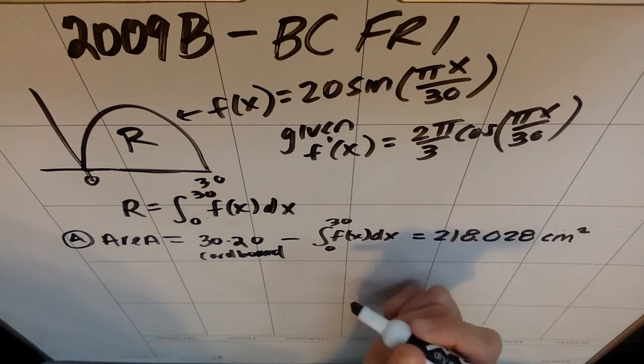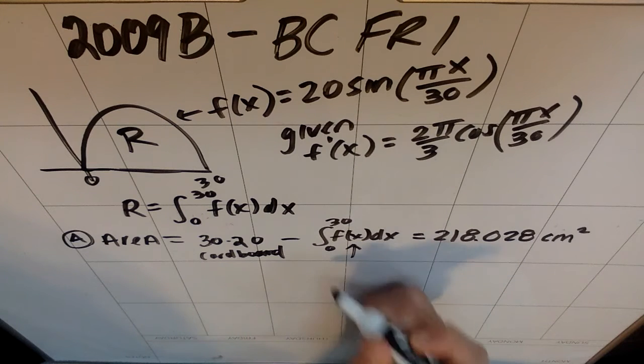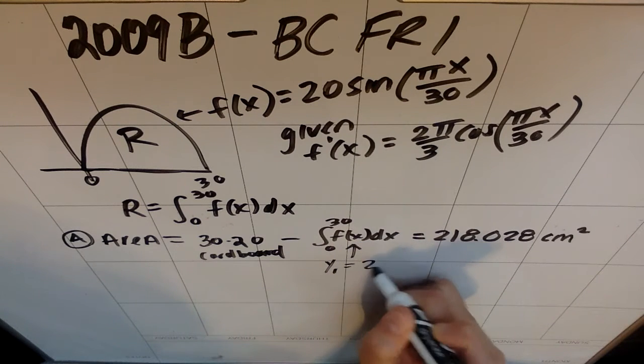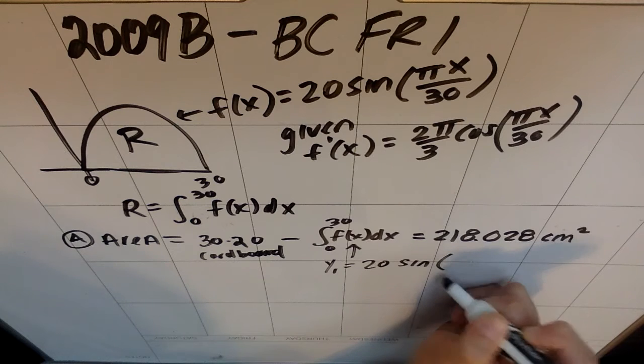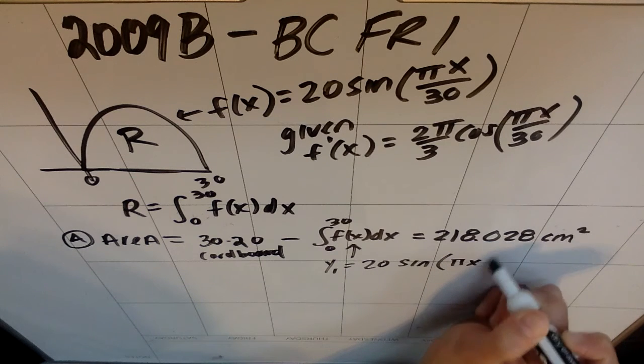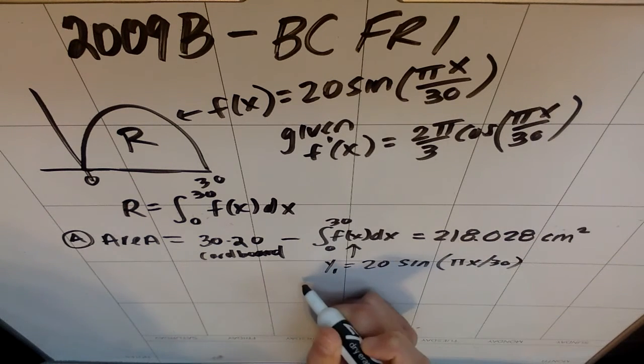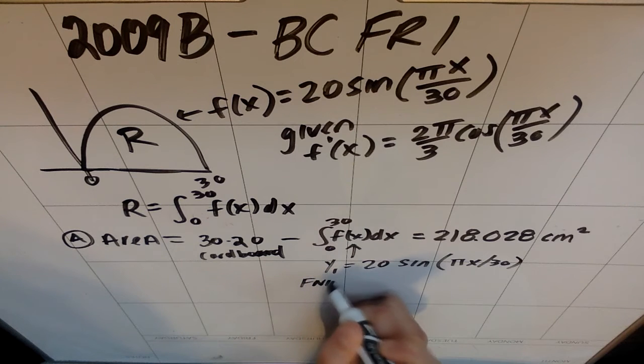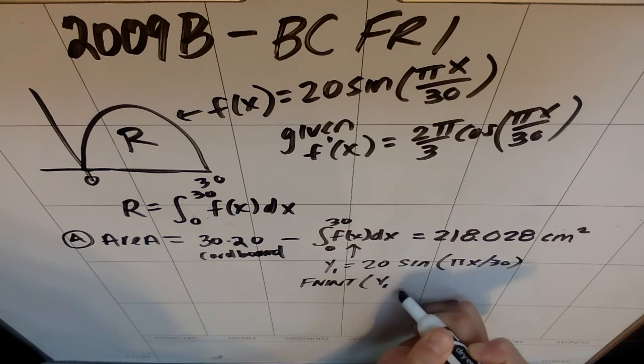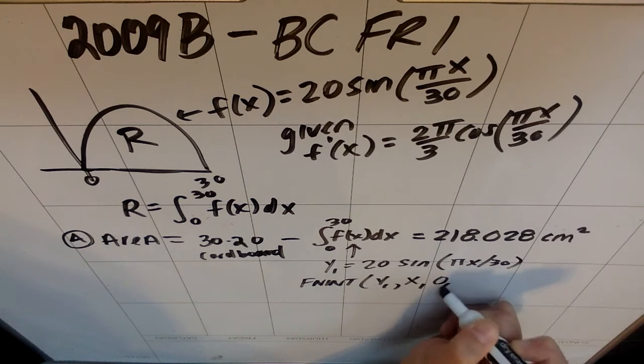A couple things to note. The easiest way to put this in your calculator is to put in y1 equals 20 sine, and then in parentheses, pi x over 30. Then you're going to press math 9, which gives you the function integrate, y1 with respect to x from 0 to 30.